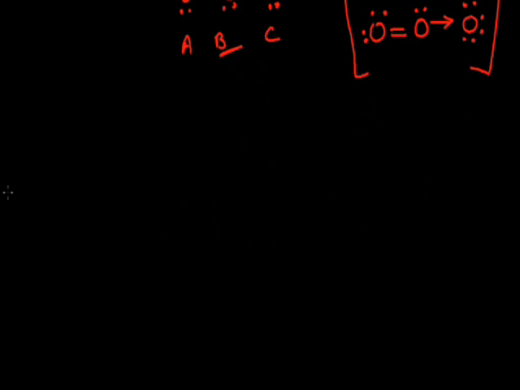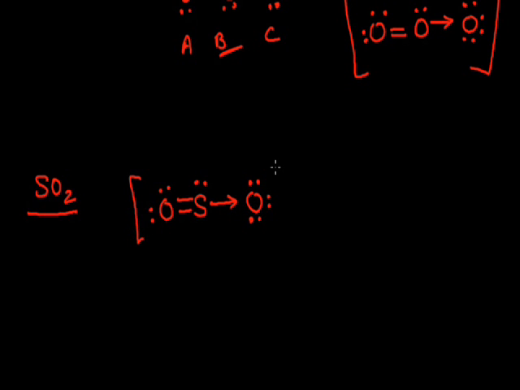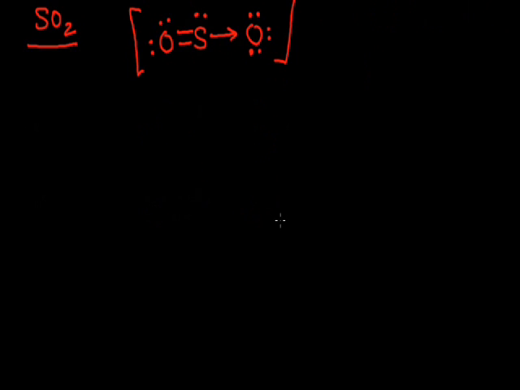We can see some more examples for coordinate bond, like for the SO2 molecule. S combining with oxygen through covalent bond and further donating its electron pair to another oxygen, leading to the formation of coordinate bond. Similarly for HNO3, we can see the bond formation.